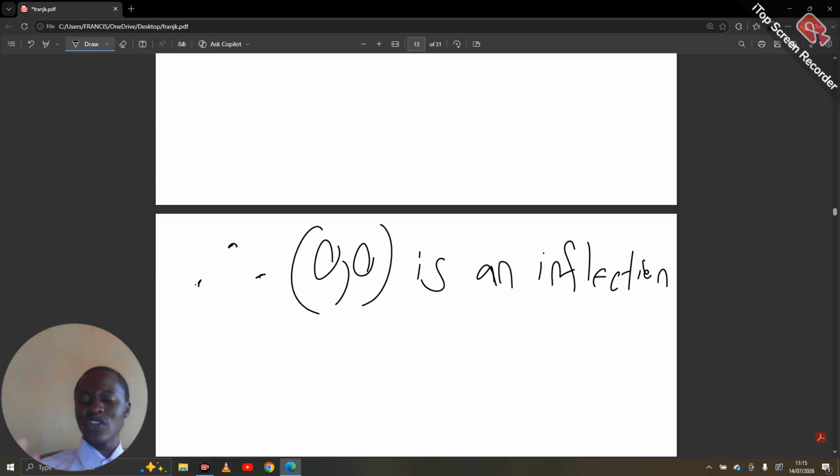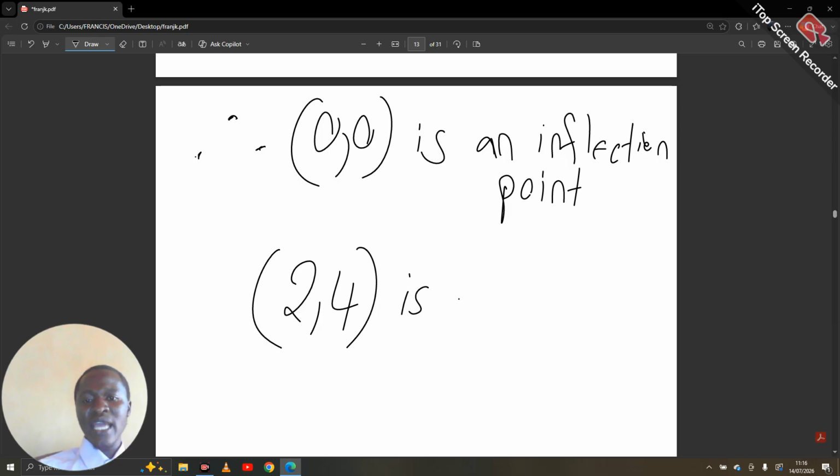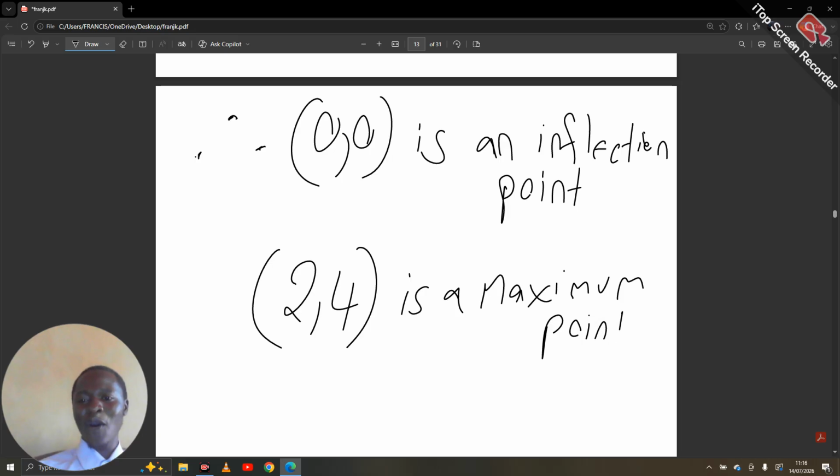Do not worry about my handwriting as long as you are understanding whatever I'm saying. (0, 0) is a point of inflection. (2, 4) is a maximum point, or point of maxima. Very much easy, very much interesting.